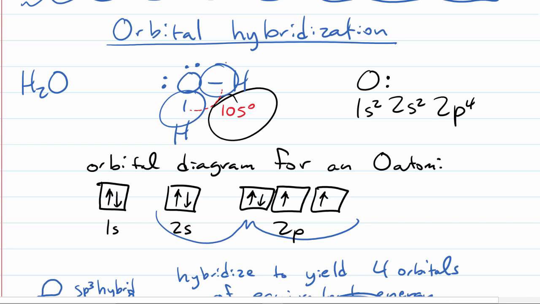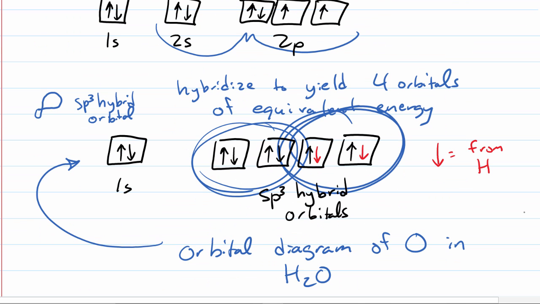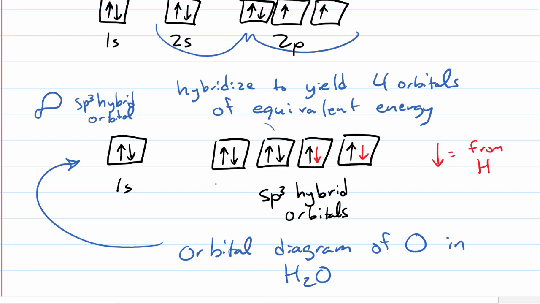It basically shows how we can wind up with this tetrahedral shape. We have the 4 orbitals of equivalent energy, 2 of which are used up as bonding pairs, and 2 which remain as lone pairs. And this is called hybridization.